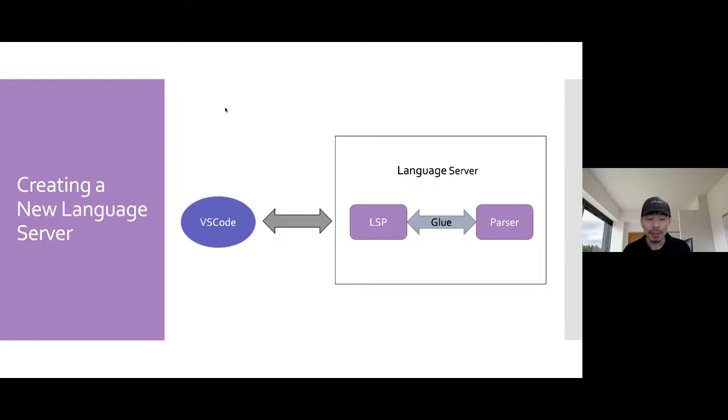The LSP implementation enables the communication between VS Code and the language server process. The language parser analyzes source code files and generates something called an abstract syntax tree. The glue code connects LSP to the parser.